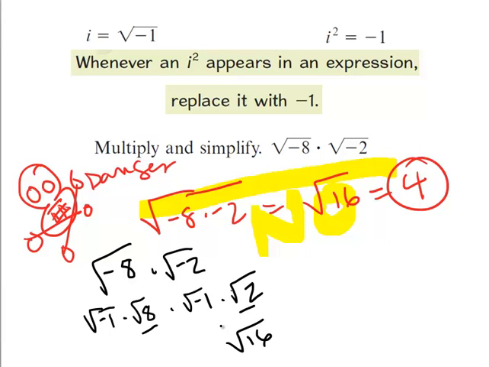But stop and think about this for just a second. If you get the square root of negative 1 times the square root of negative 1, well, that's just negative 1. And you'll end up with the square root of 16 is 4 times negative 1 equals negative 4.